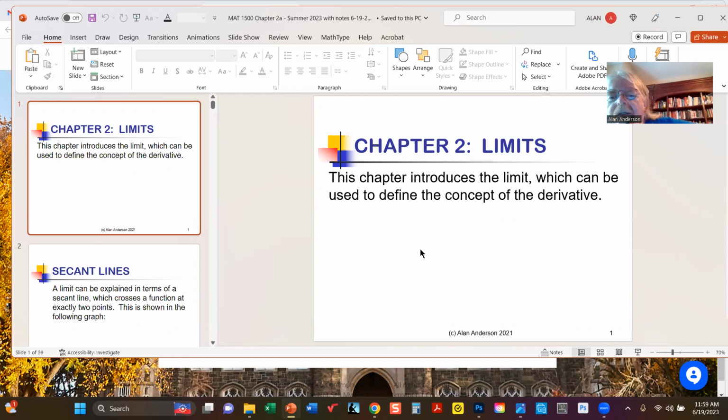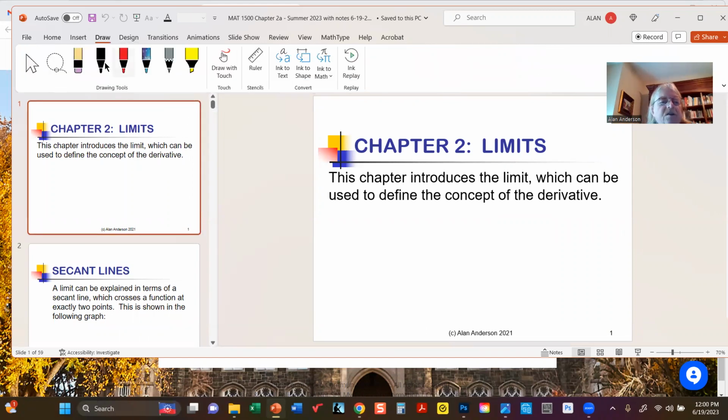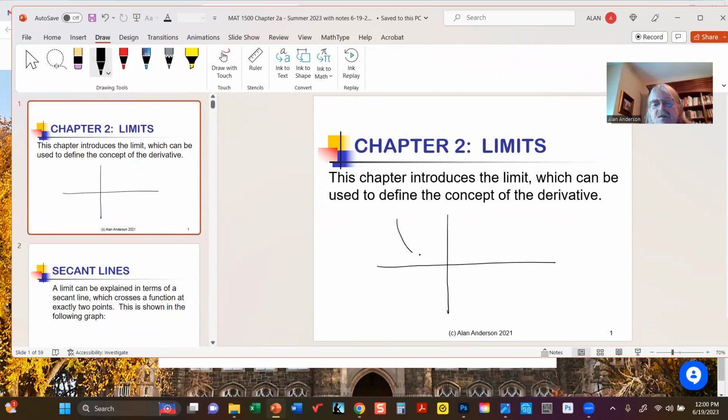A lot of the concepts that we'll be seeing in calculus are actually based on the concept of the limit. The idea is that you have to imagine that you've got some kind of a function. Let me see if we can draw a quick sketch here. Let's just say, to keep it simple, it's y equals x squared.